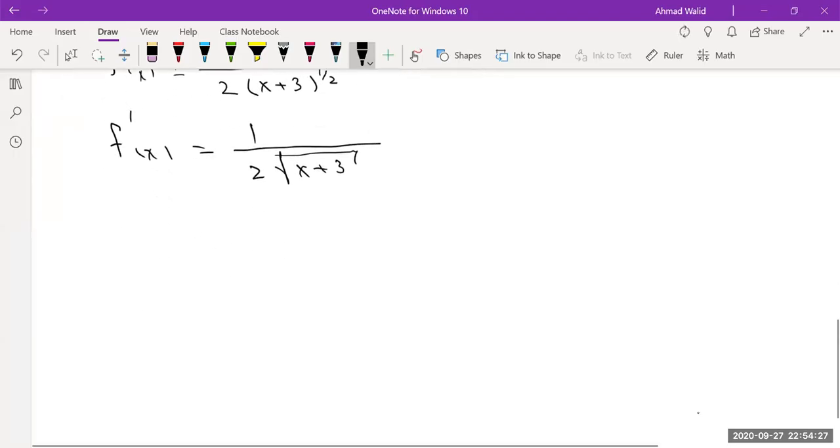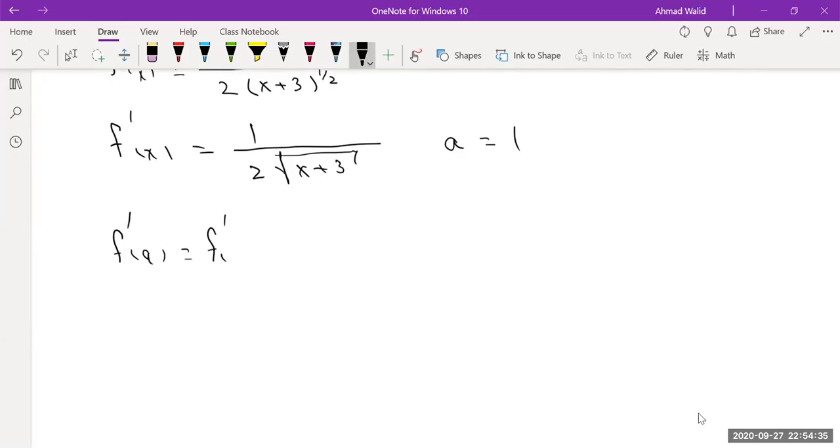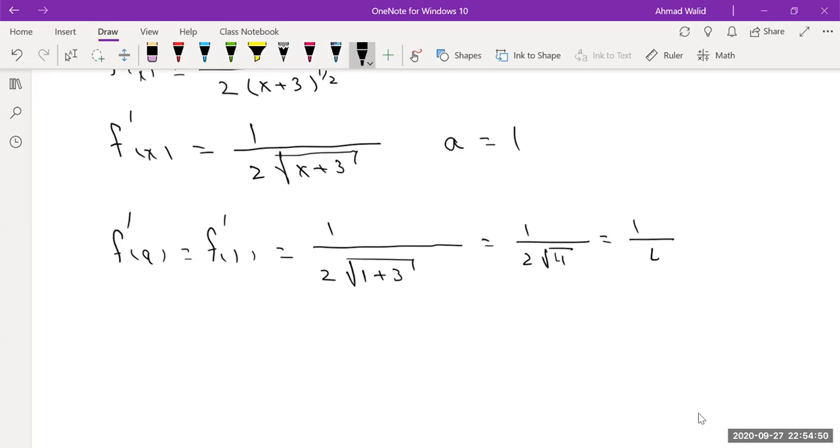Now, when a equals 1, f prime of a, which is f prime of 1, equals 1 over 2 square root of 1 plus 3, which gives you 1 over 2 square root of 4, which gives you 1 over 4. Now I have all the values that I need.